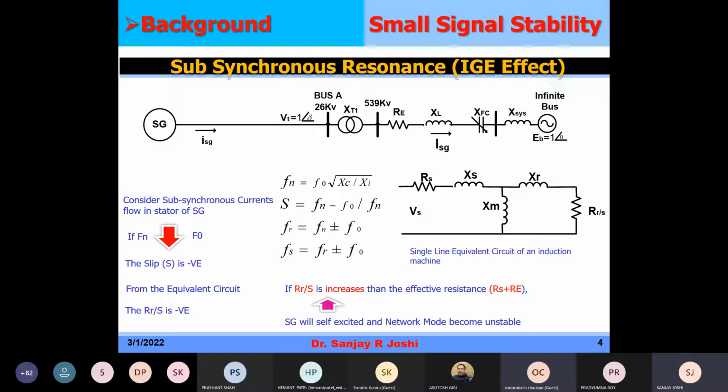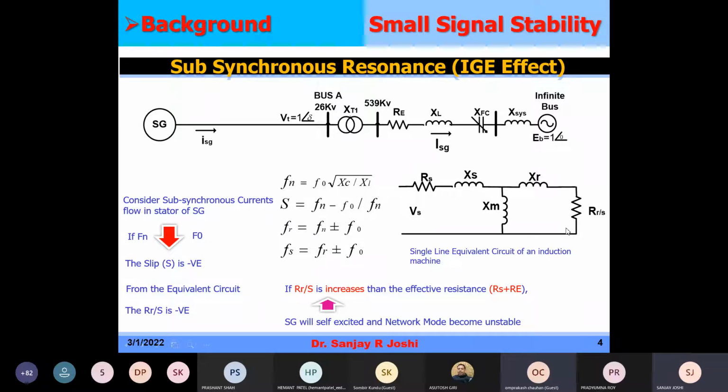It is a fixed series capacitor. We all know that the purpose of connecting a fixed series capacitor is to increase the power transfer capability of the given line. The erection of a new transmission line is very costly. So the cheaper option is to connect a series capacitor in the line.